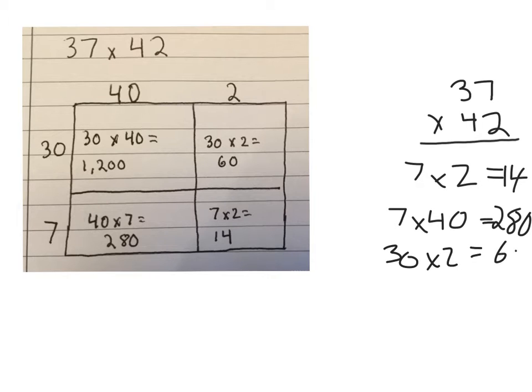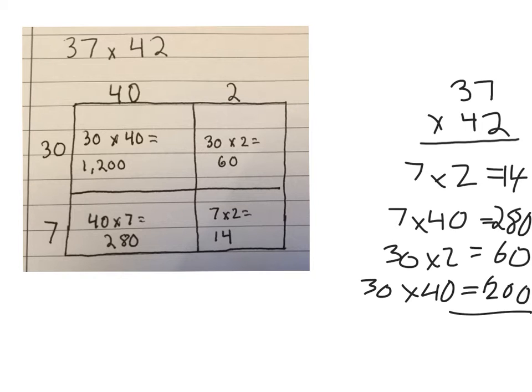And that's 60. And then we'll finish off with our tens times our tens. So tens times tens, 30 times 40. And that's 1,200. We'll add all those things up, and we'll get an answer.